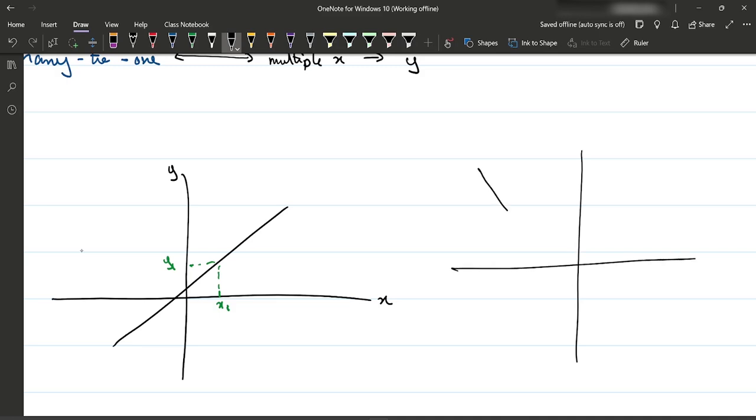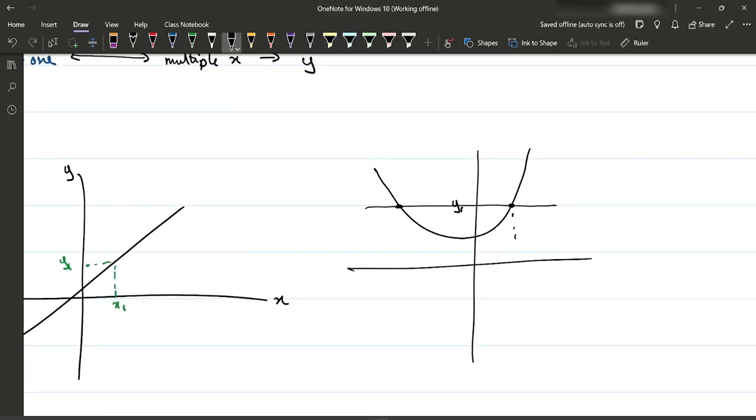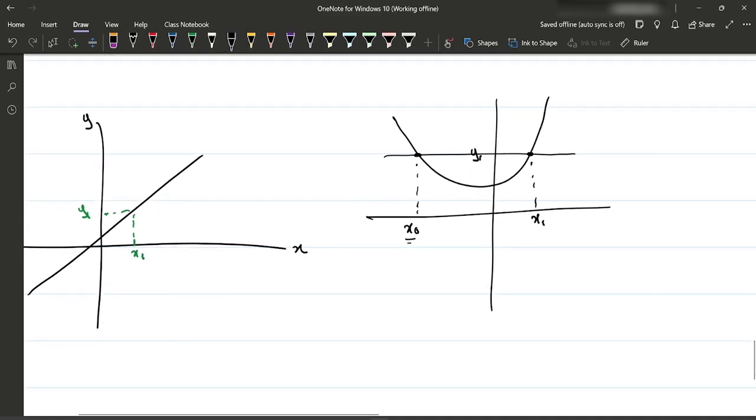Okay, something like this. So we know that this point and this point have the same y value, call that y1, but we know that they have different x values. So these two x values give the same y value, so multiple x values giving the same y value, which is many to 1.